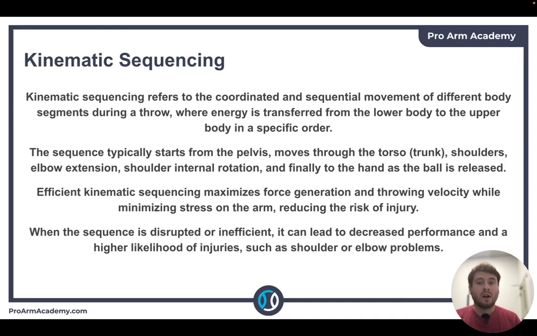When I talk about kinematic sequencing with athletes, coaches or parents, I don't want to bore them, but I really just want the take-home message to be that we're talking about efficient throwing. How are you putting your body in the environment to be able to transmit the forces very efficiently while you're throwing a baseball? If you're doing that very efficiently, then the likelihood of reducing the risk of injuries is actually pretty high, right?